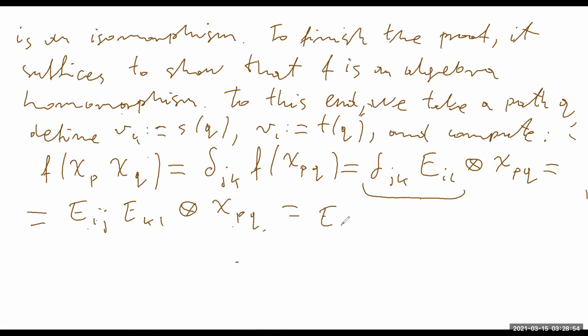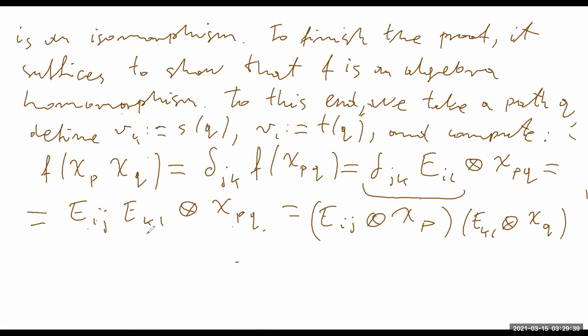But now again, I remember that chi PQ is chi P times chi Q. So I write it down as Eij tensor chi P times Ekl tensor chi Q. Right, because I already know that if the end of P is not equal to the beginning of Q, then I already here have 0.